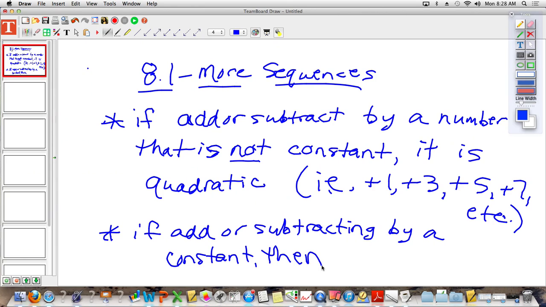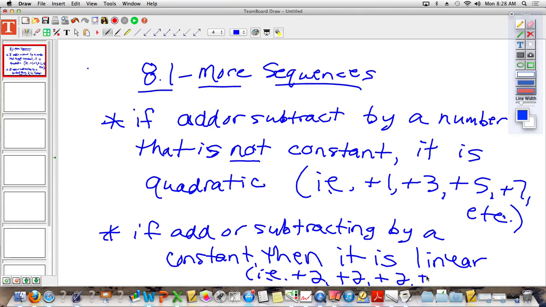When you are adding or subtracting by the same thing every single time, then what does that mean? It's linear. Yeah. In other words, you are adding 2, you're adding 2, you're adding 2, you're adding 2.